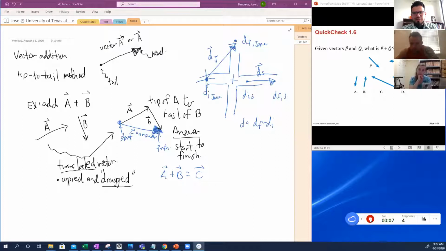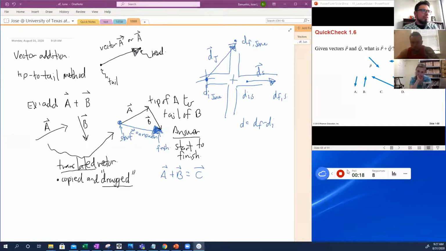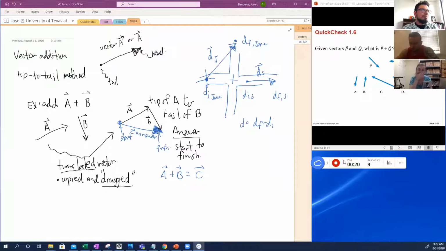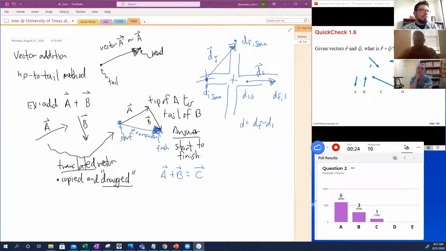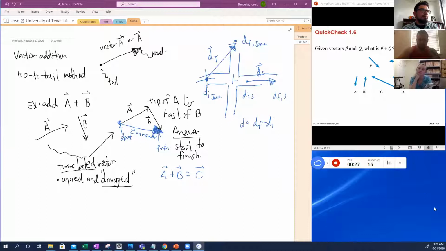All right, cool. So in this quick check, they're asking, given vectors P and Q, what is P plus Q? So using the tip to tail method, our goal is to figure out whether the answer is A, B, C, or D. So far, I've got a few A's answering here.